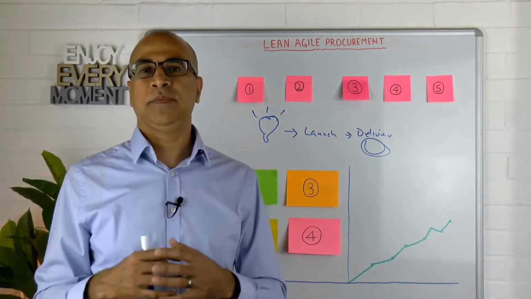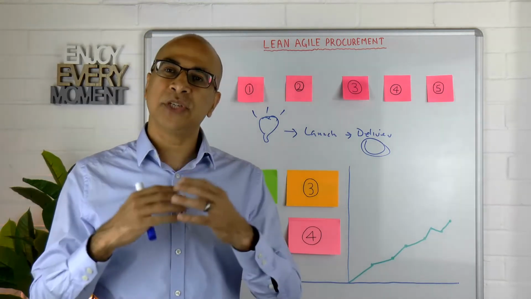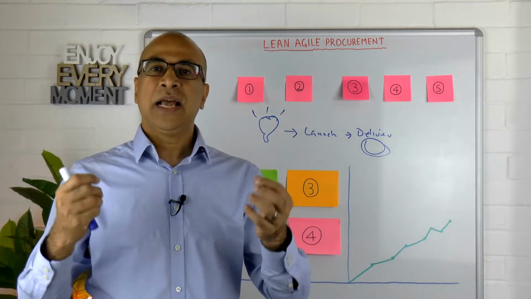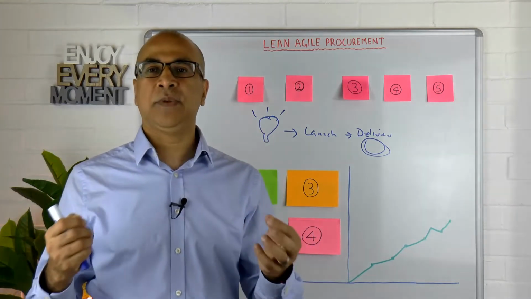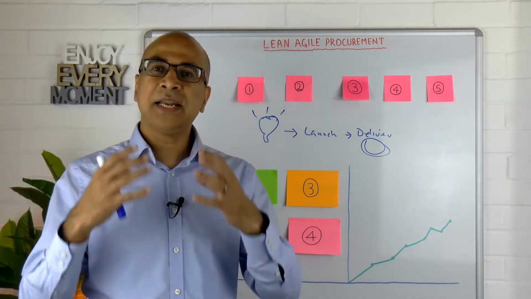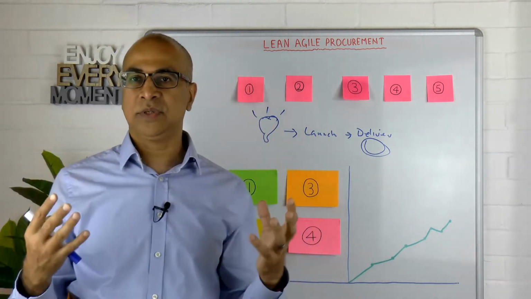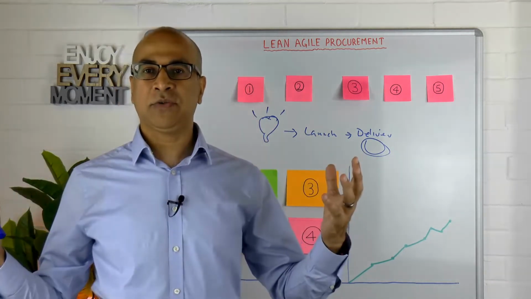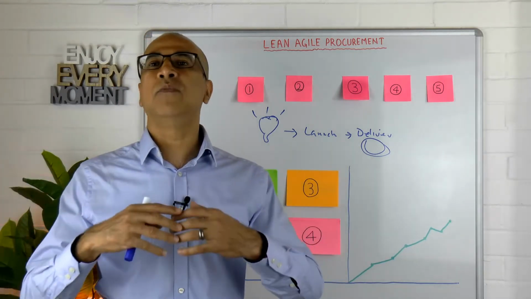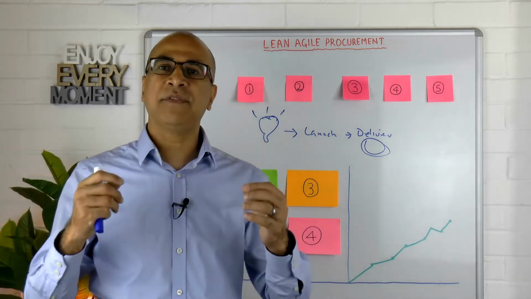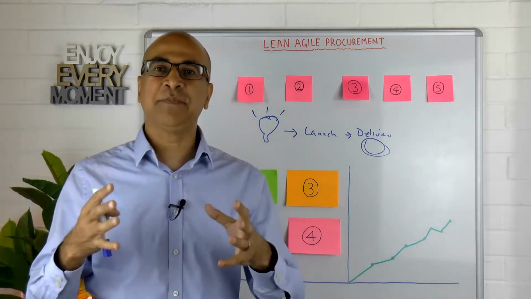Here's the other problem. Most projects of any real complexity have an essential and a complex procurement aspect to them. So any delay over here in your overall procurement process reverberates across your organization, because almost all of your complex projects are going to have this as a key aspect.